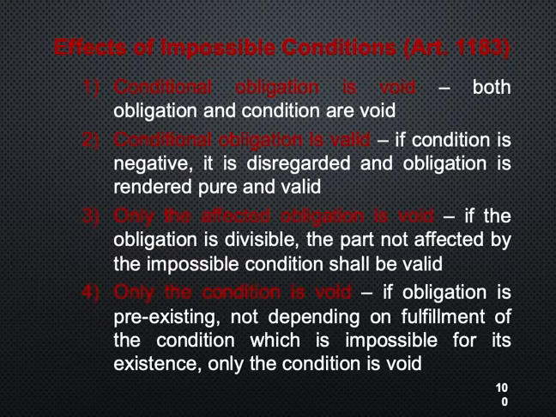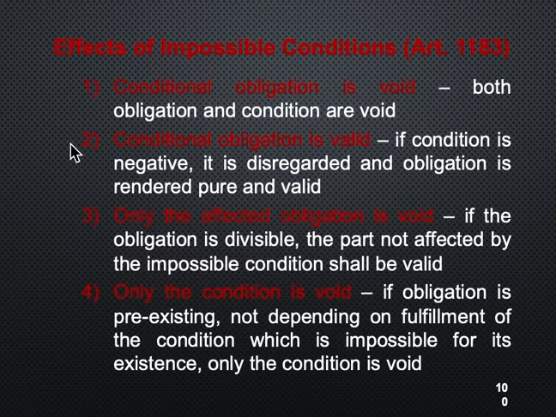And we have legal impossibility when they are contrary to laws, morals, good customs, public order, or public policy. The effects are, first, in a conditional obligation, it can be void, kasi both obligor has no intention to comply with this obligation knowing it cannot be fulfilled. So, the rule is different in conditional testamentary dispositions. So, yun. Number 1.